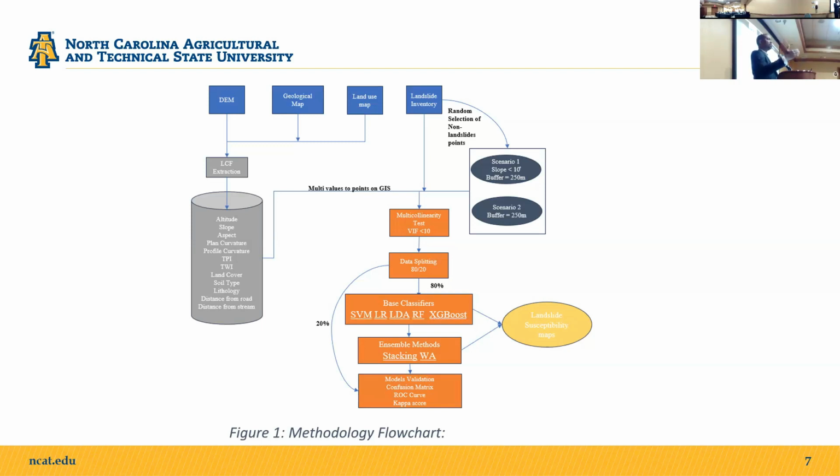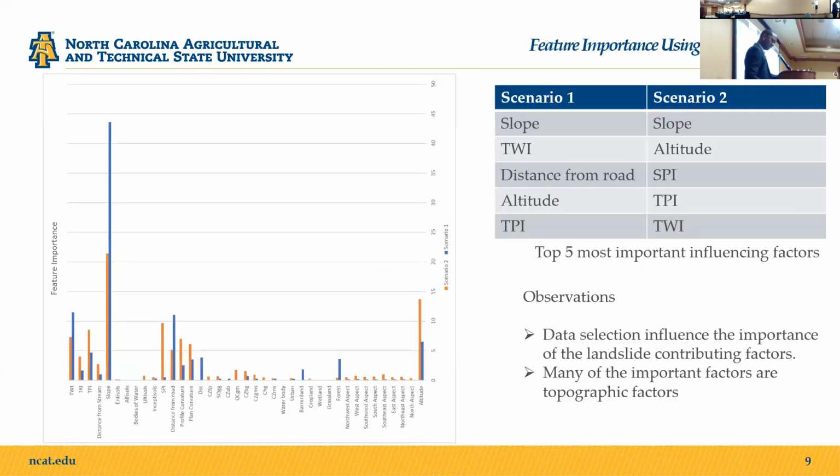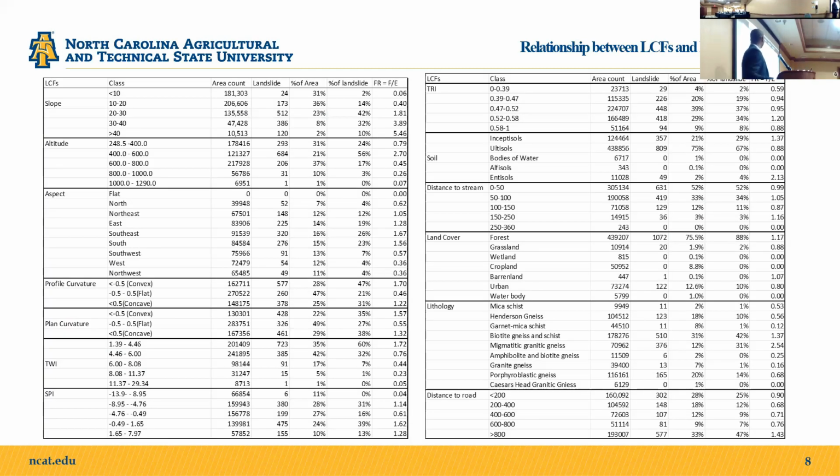But landslide susceptibility needs you to know which one is very low, which one is low, which one is medium, which one is high, which one is very high. So in that case, we make use of ROC curve, which can measure across all thresholds.